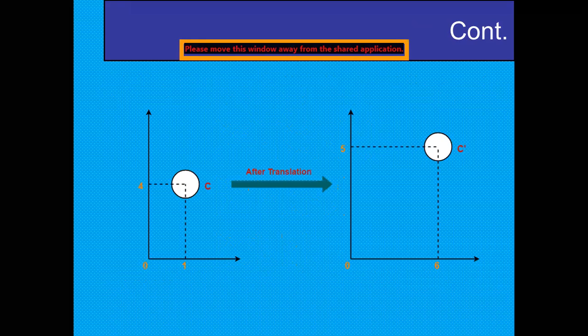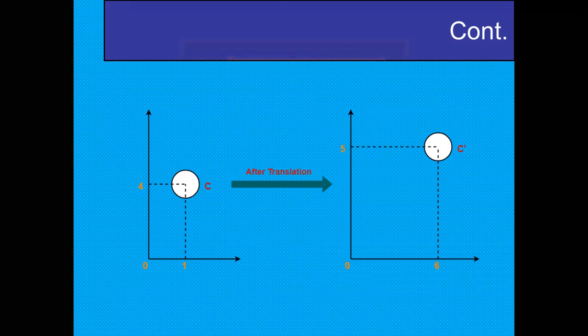Now you can see it is also mandatory to draw the diagram. Whenever you solve a problem in the examination, you have to draw the initial diagram as well as the final diagram.